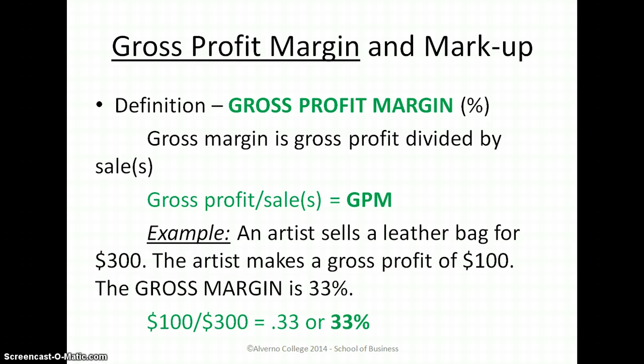The gross margin is 33%. So the formula below, 100 divided by $300 equals 0.33, and that's also 33%. So when you hear someone say, oh, we have a gross margin of 33%, that's how this has been determined. And sometimes I'll just refer to it as margin.